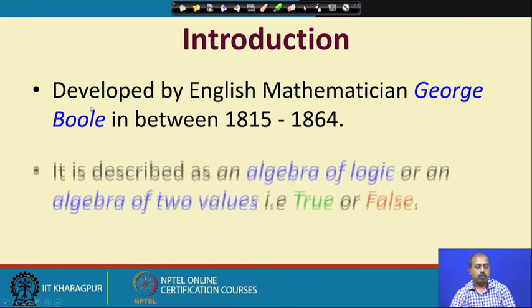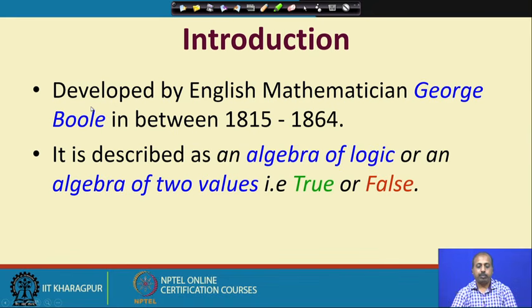It is described as the algebra of logic, or an algebra of two values, true or false. When we talk about any algebra, there are certain things we have to talk about: what values the variables can take, and what operations we can do on those variables.